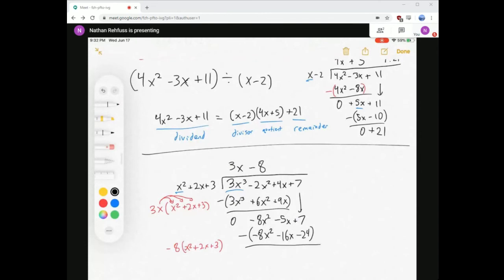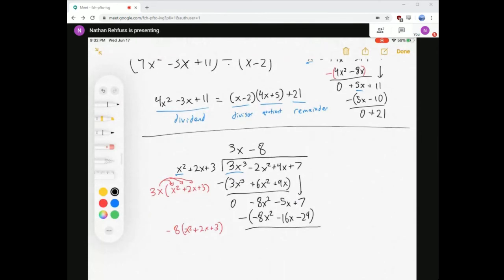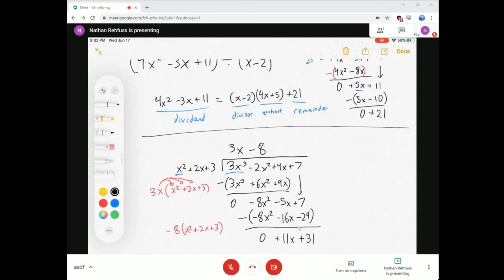Negative 8x squared minus negative 8x squared is nothing. Negative 5 minus negative 16 is positive 11x. 7 minus negative 24 is positive 31. So now I ask, how many times does x squared go into 11x?